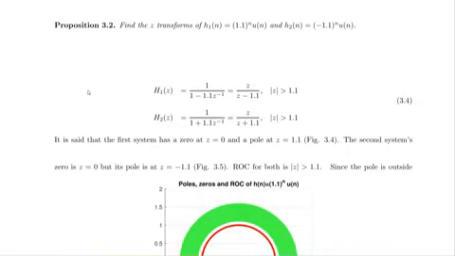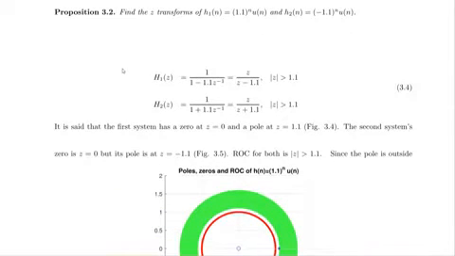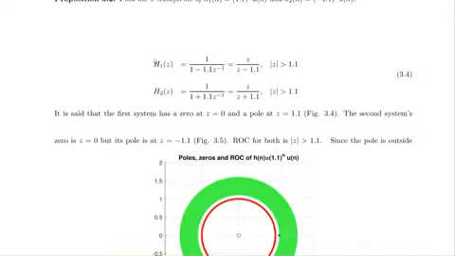Using the equation for the Z transform, we will find that H1 of z is equal to z over z minus 1.1. This time the ROC will be |z| greater than 1.1. What about the second one?